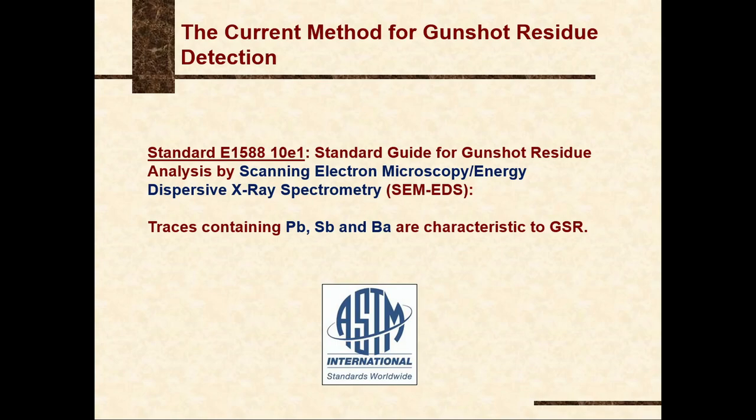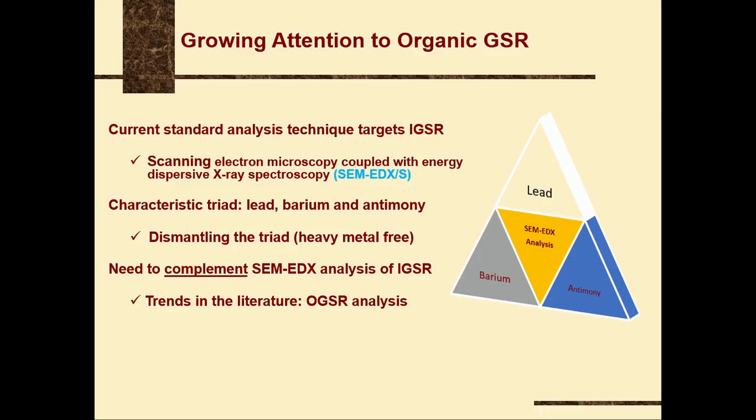Well, currently, the main method for identification of gunshot residue is based on scanning electron microscopy combined with energy dispersive X-ray spectrometry. And this method is based on identification of three elements: lead, antimony, and barium. And of course, with the development of environmentally friendly ammunition without lead, this method has some limitations.